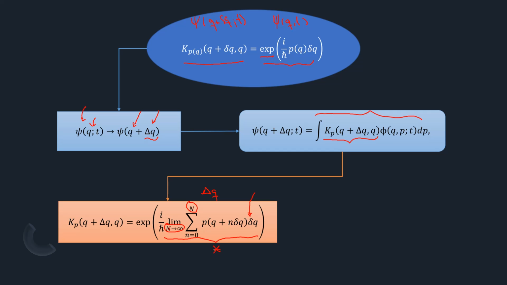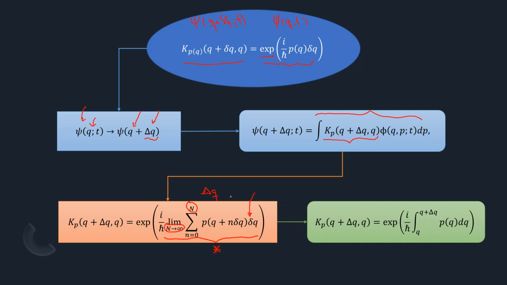Of course, this expression that we get in the exponent of the exponential is just an integral, and we can write the kernel of the complete transformation for a finite distance as this integral. This is completely equivalent to Feynman's approach, now taken on the phase space, but it's the same thing.